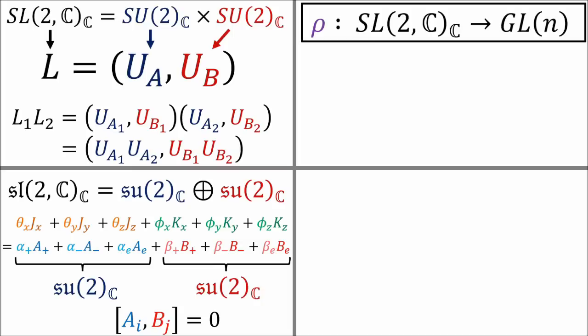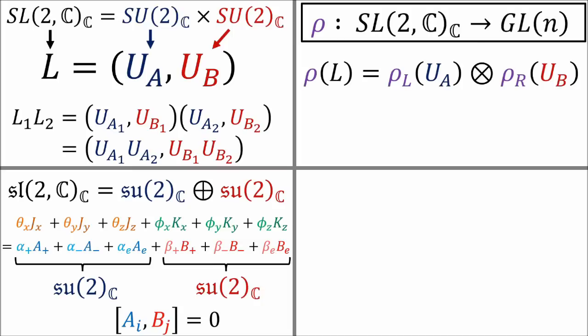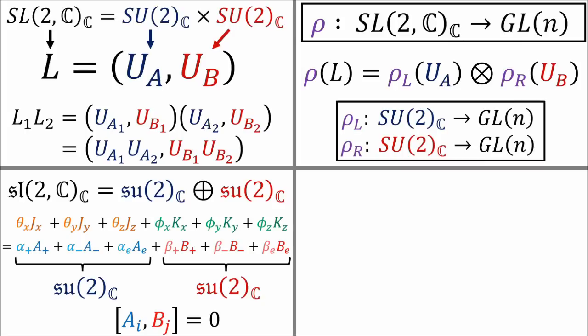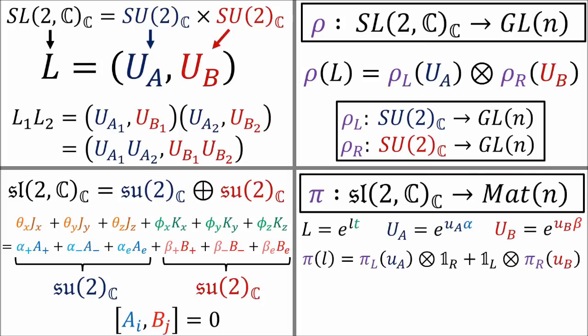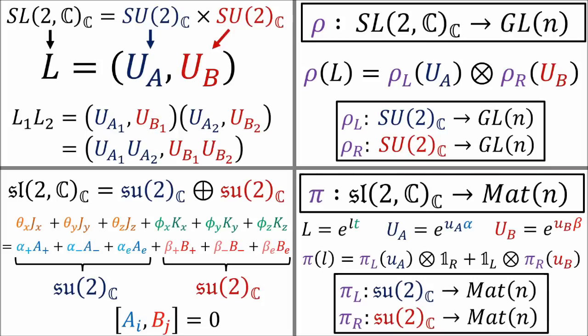As a result, matrix representations of the Lorentz group can be written as the tensor product of two complexified SU2 group representations, called the left and right representations. And Lorentz algebra representations are given by this formula.